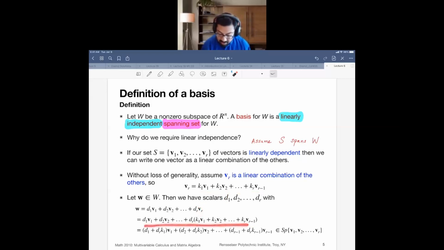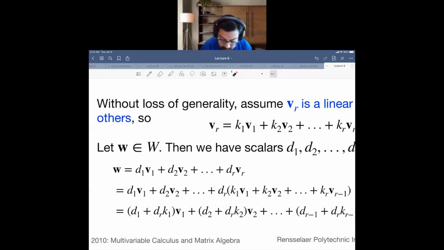Now, if I've got this, I can start combining the coefficients of the vectors. So for V1, here and here, the scalar is going to be D1 plus DR K1.